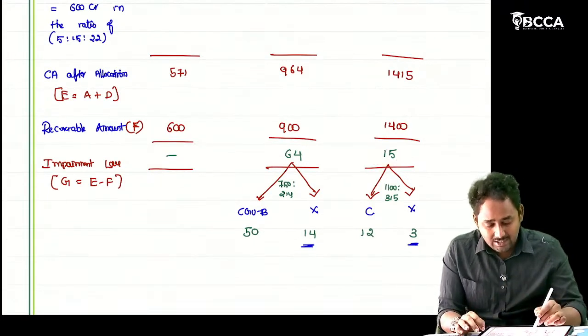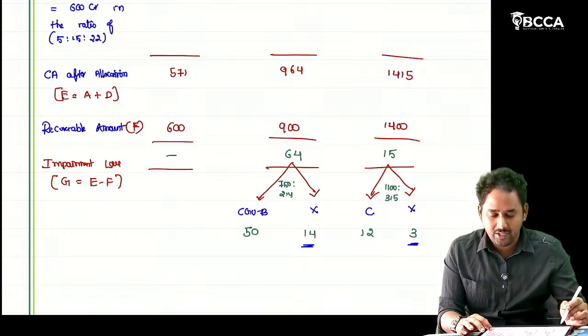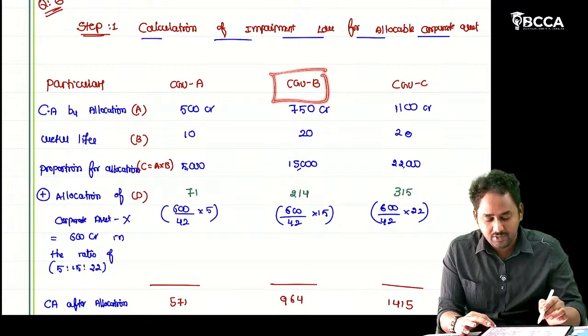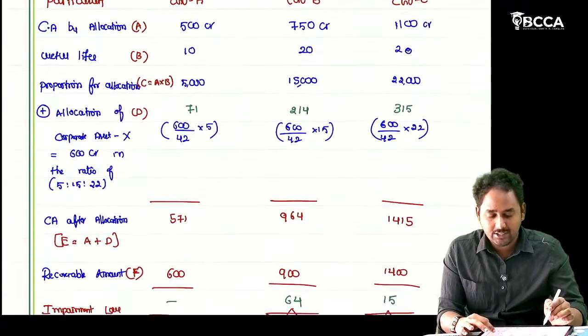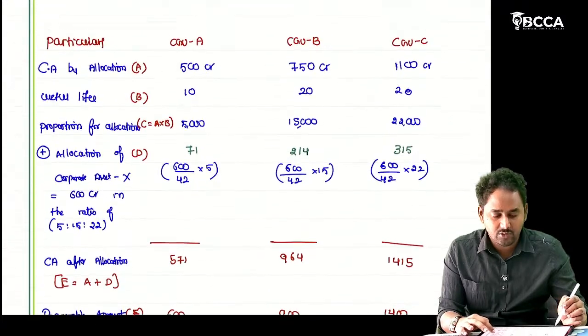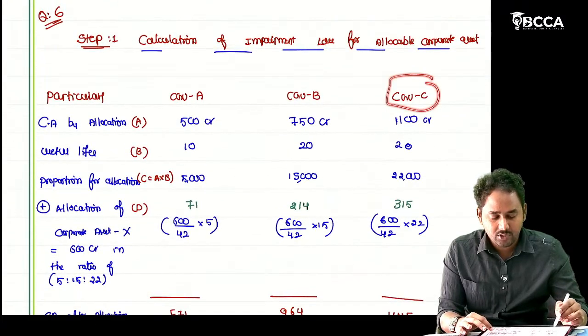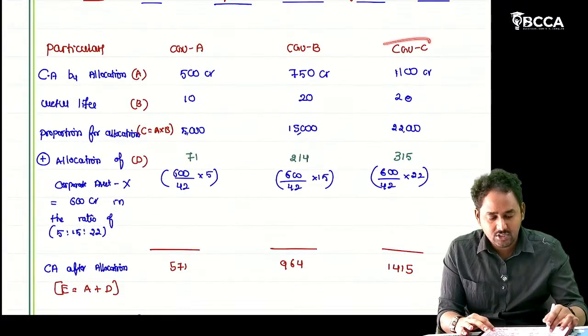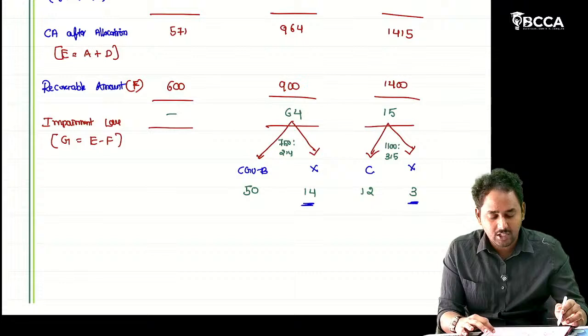Now this 64 impairment loss should be allocated to CGU B as well as corporate asset X. And this 15 crores of impairment loss should be allocated between CGU C as well as corporate asset X.